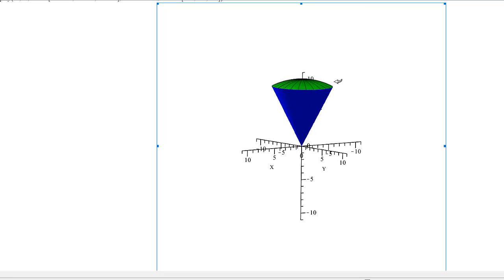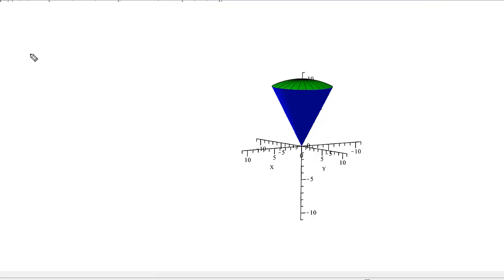So we know that the values of rho in spherical coordinates are going to be going from 0 to the radius of the sphere, which in this case is 10. So we already know that rho varies from constant to constant.